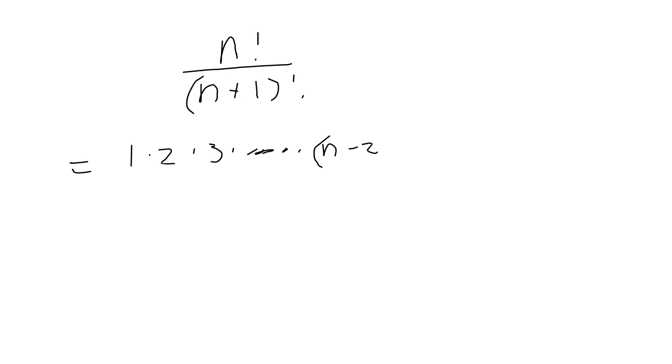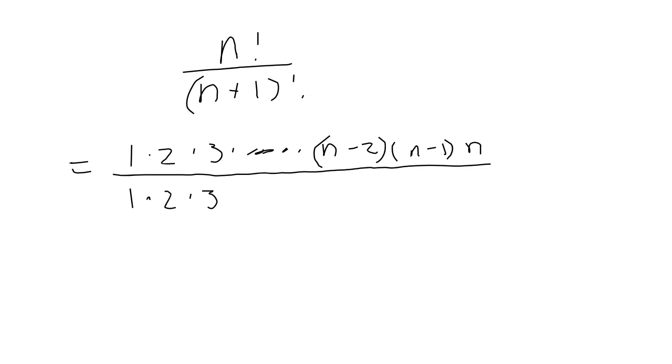Remember, it goes right up to n minus 1, and then n. Whereas n plus 1 factorial, you multiply right up to n plus 1: 1 times 2 times 3 times n minus 2, n minus 1, n, and then n plus 1. You understand those?